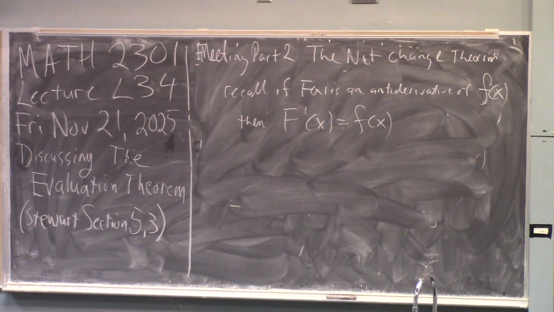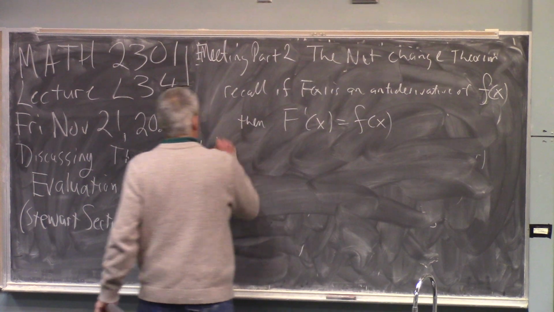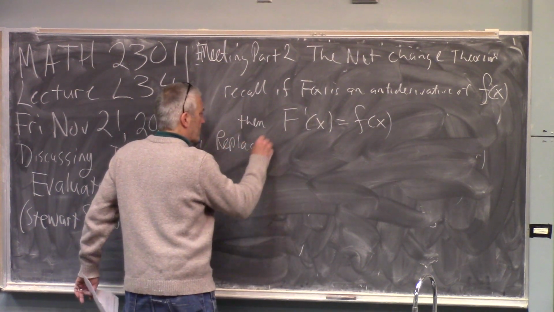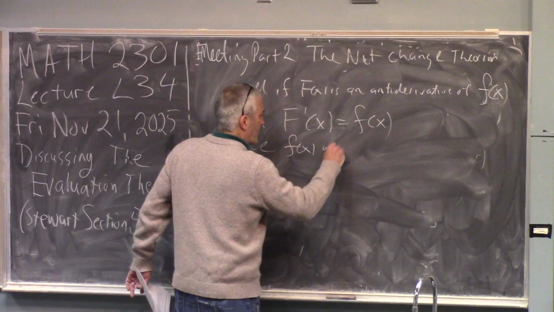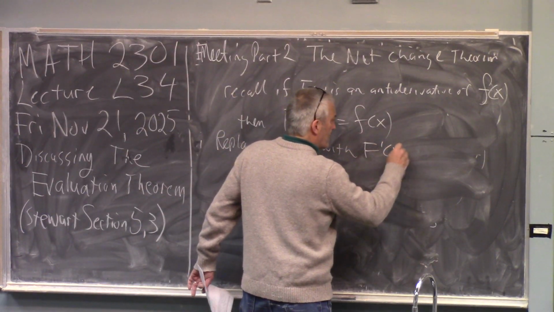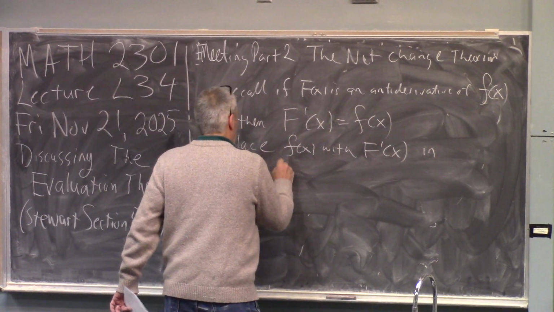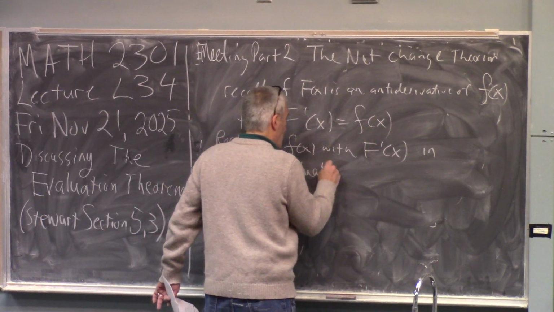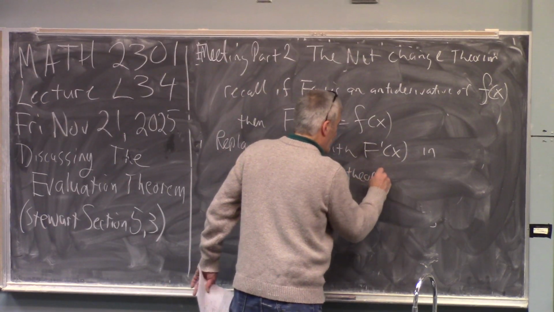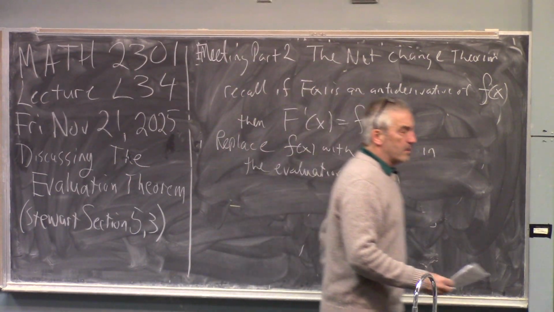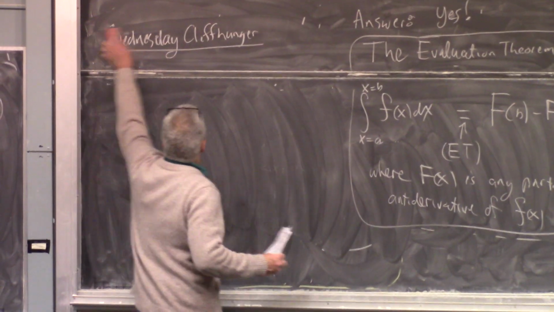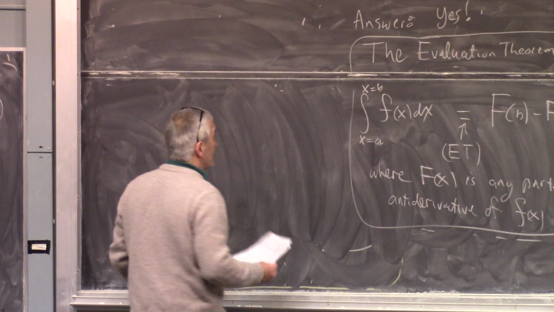Well, let's go back to this evaluation theorem. We can swap out that symbol, little f, and put in its place capital F prime. So we're going to replace little f of x with capital F prime in the evaluation theorem. I don't want to erase that, so I'll put that over here.